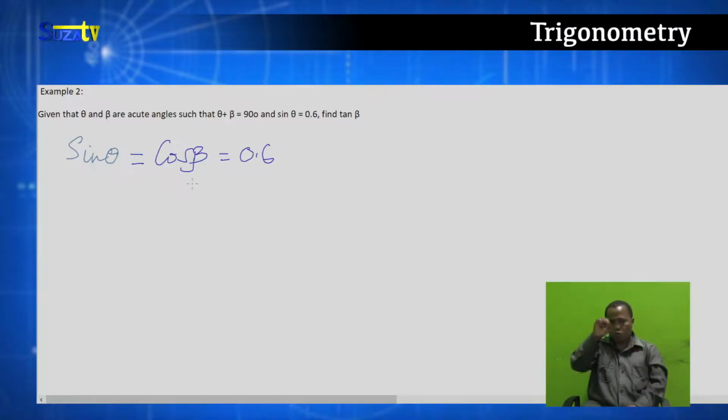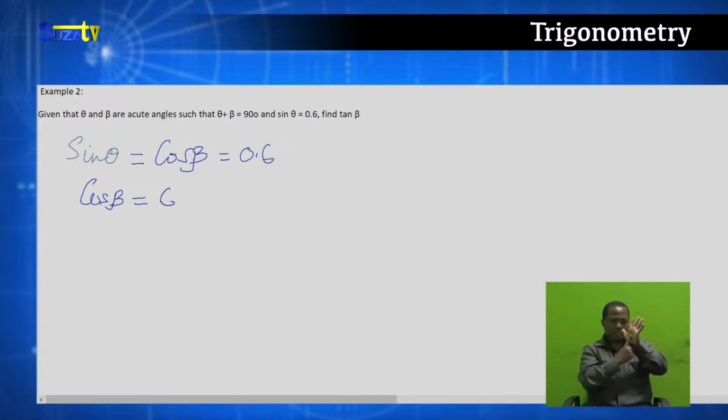And here theta and beta are complementary angles, I mean the sum of these two angles is equal to 90 degrees. So sine of angle theta is equal to cos of angle beta is equal to 0.6. So from here we get that cos of angle beta is equal to 6 out of 10.